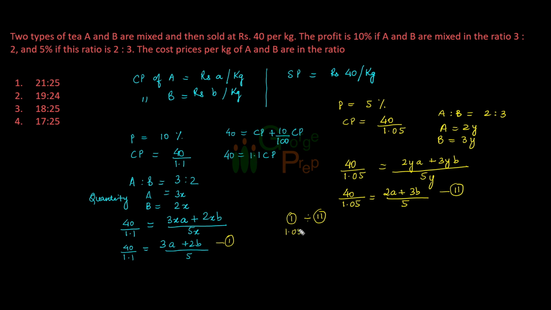So 1.05 by 1.1 is equal to (3a plus 2b) divided by (2a plus 3b). Cross multiplying, 1.05 into (2a plus 3b) is equal to 1.1 into (3a plus 2b).